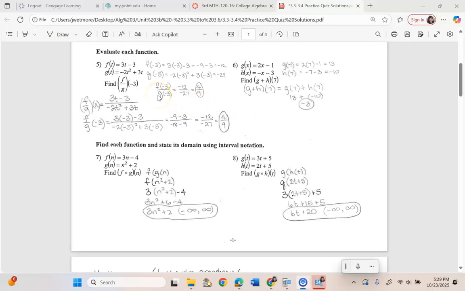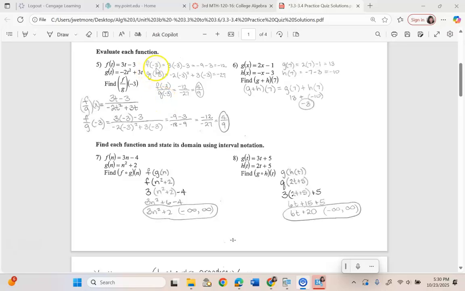All right, let's look at number 5. So for number 5, we have f divided by g again like we did before, but this time we're going to plug a number in. There are 2 different ways that we looked at to do this in the notes, and you might like one better than another. The first way: f divided by g of negative 3 just means f of negative 3 divided by g of negative 3, like you see here.